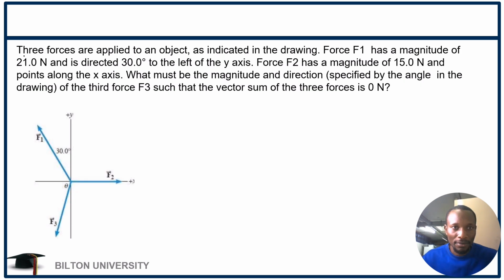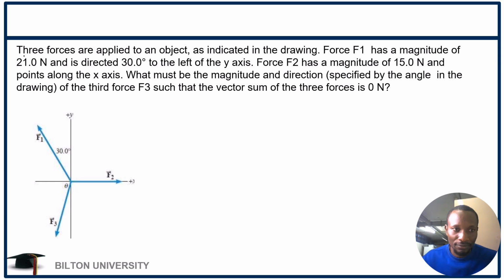Three forces are applied to an object as indicated in the drawing. We have a diagram with forces F1, F2 and F3. F1 has a magnitude of 21 Newton and is directed 30 degrees to the left of the y-axis.